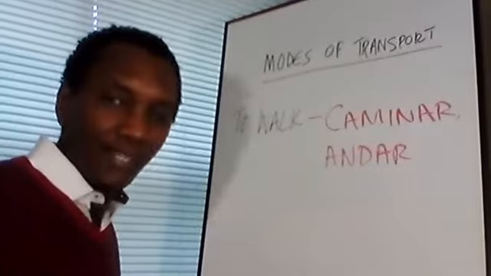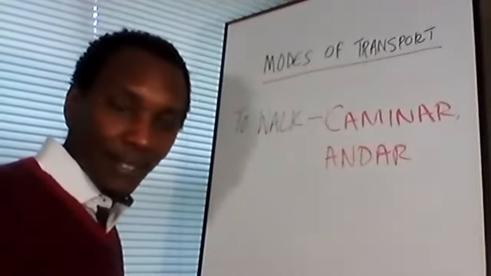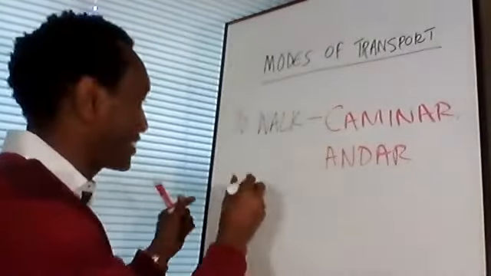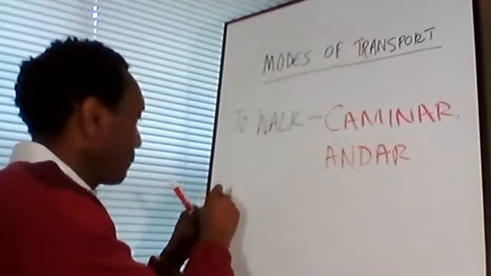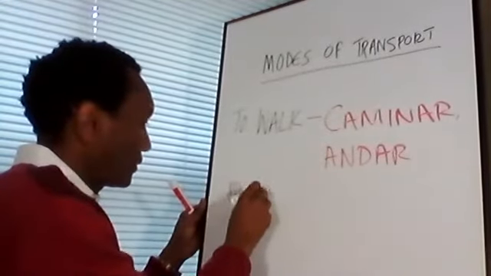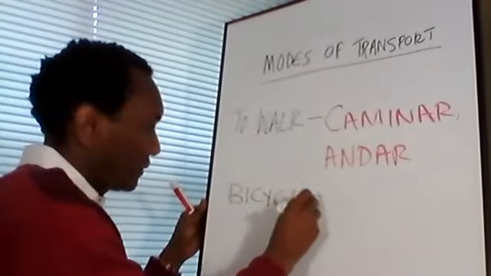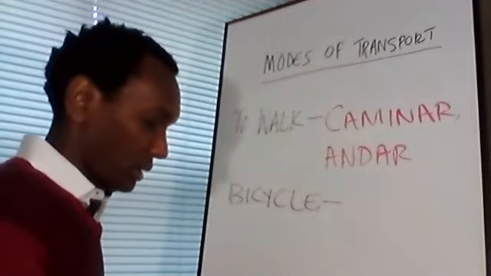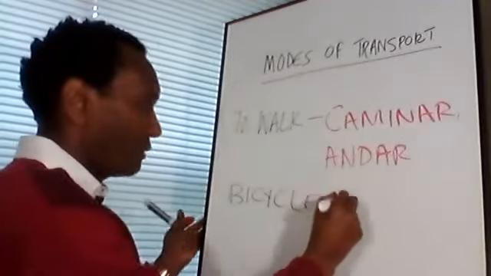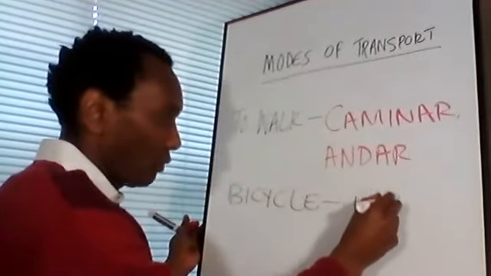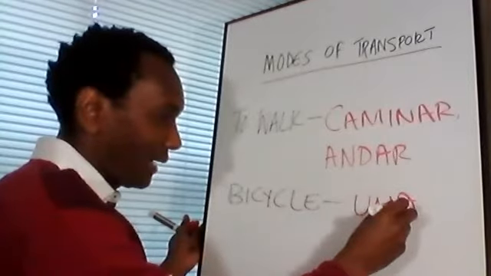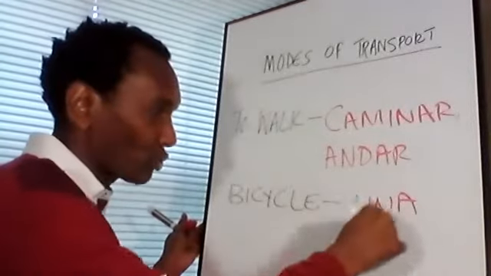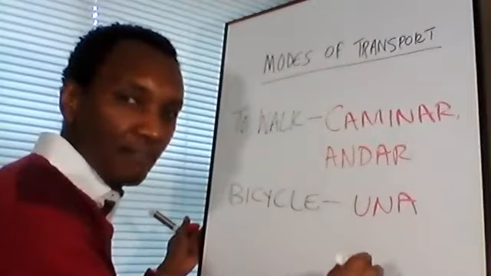And how about the second? Can we call it the second oldest mode of transport? Bicycle. It's called una, U-N-A. It means whatever we're going to describe is feminine.